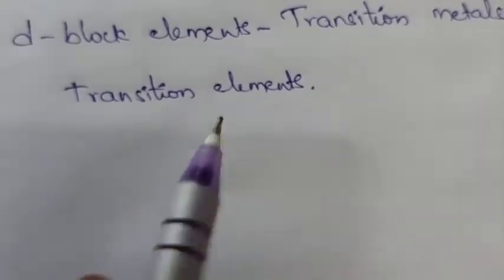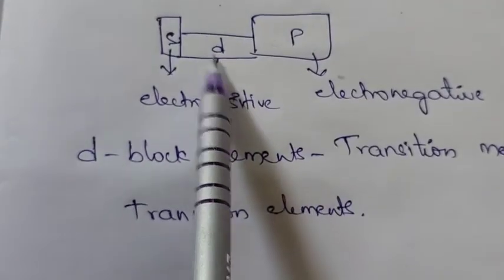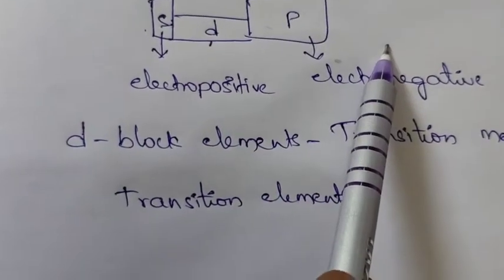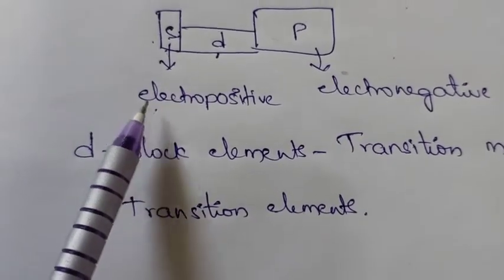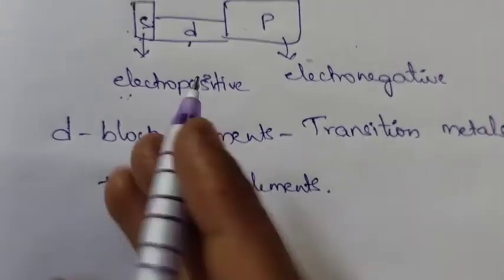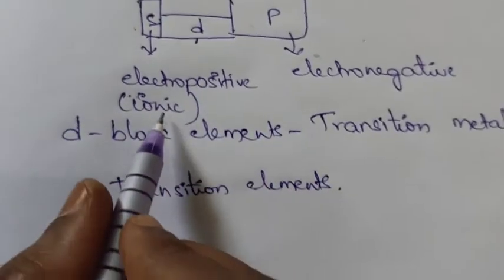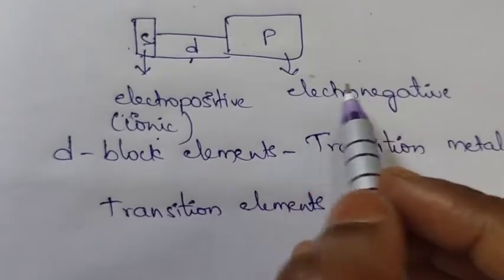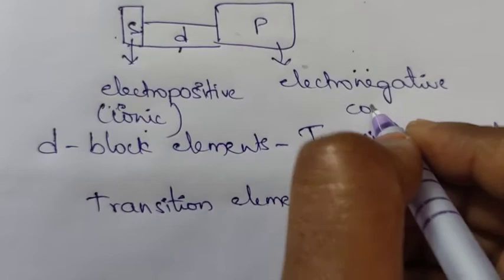These transition metals lie in between the S and P block, no? The S block has electropositive nature and forms ionic compounds, and the P block elements form covalent compounds.